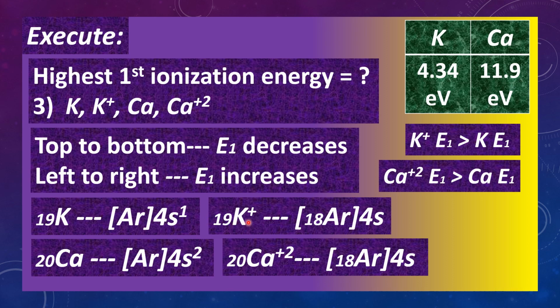In the case of the potassium positive ion, the 19 protons exert an attractive force on the remaining electrons in the inner shells, as compared to the neutral potassium atom, which has the same 19 protons but more electrons.